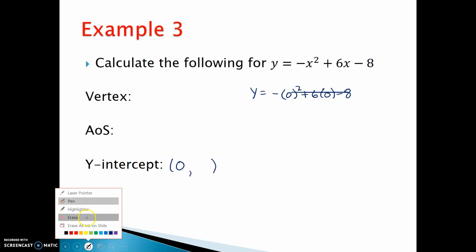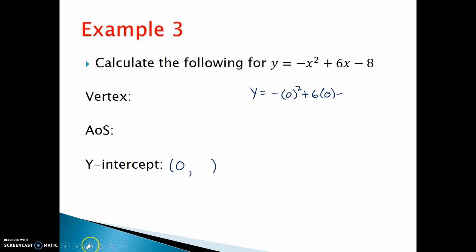And again, here we see a few things reduce to be 0. 0 squared is 0, and the negative doesn't really matter. It's still going to be 0. 6 times 0 is 0. 0 plus 0 minus 8 is simply going to be negative 8. So hopefully with that one, maybe some of you catch it. If you don't catch it, continue to do this. Again, this will always work.